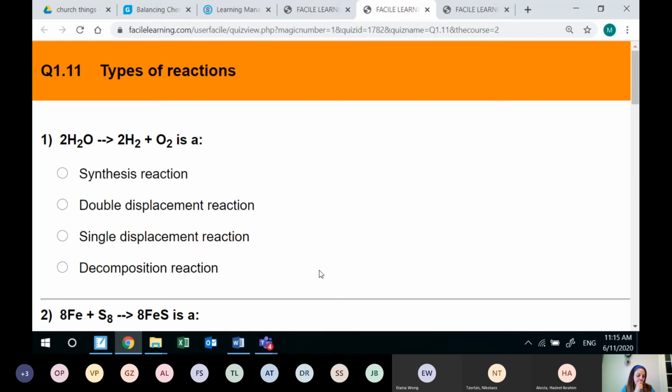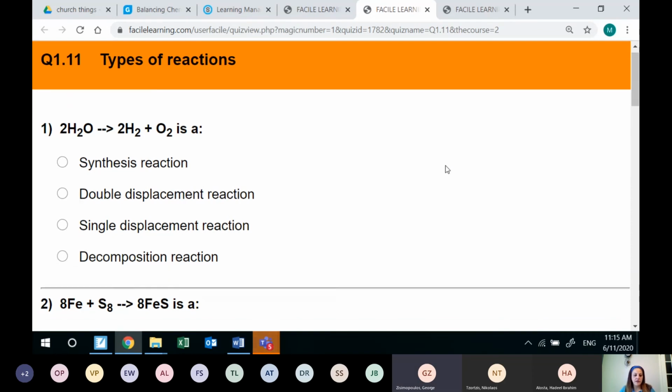George? What do you think? I think it's decomposition. Yes, decomposition reaction. Why? Because it's decomposing into two different, what's it called? Elements. Yeah, that's it. You're starting big and you end with two separated elements.